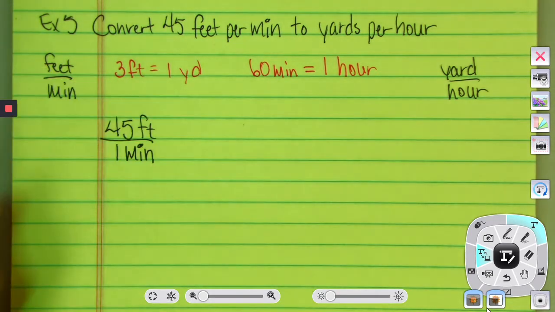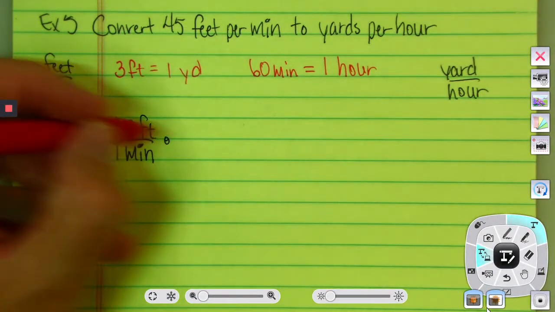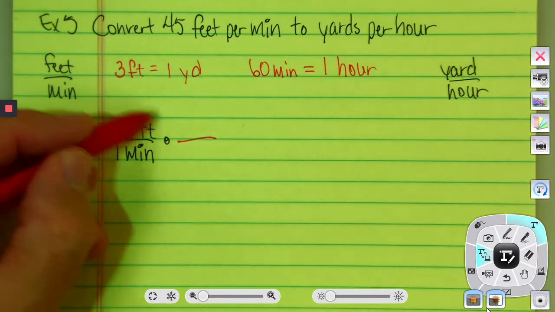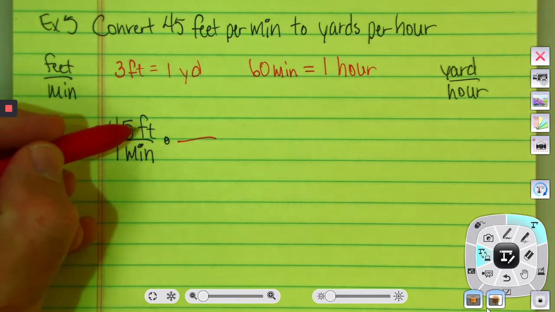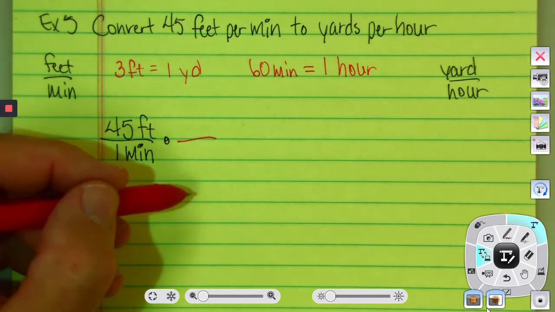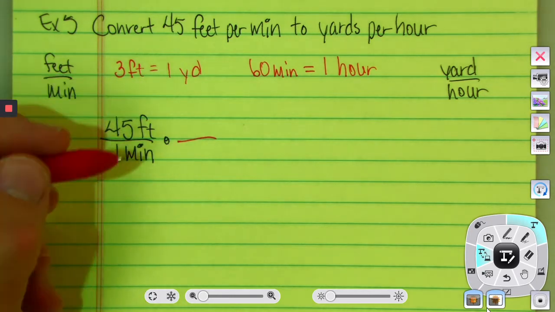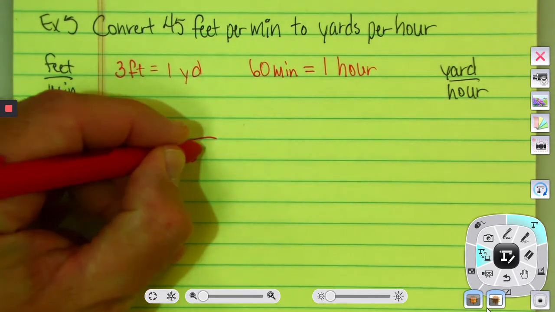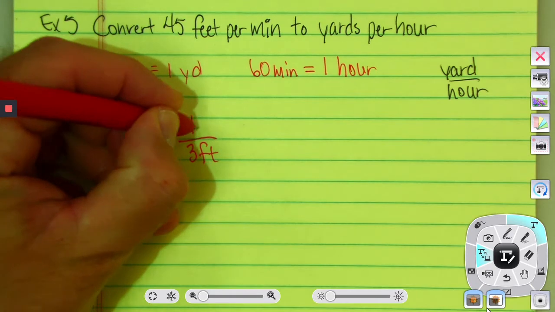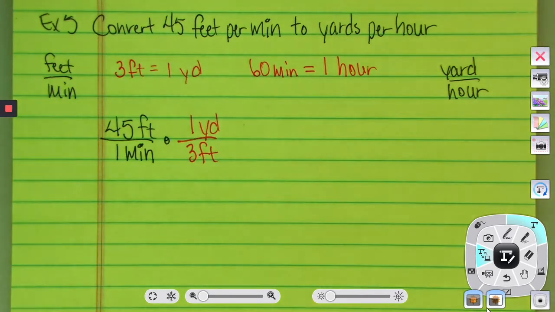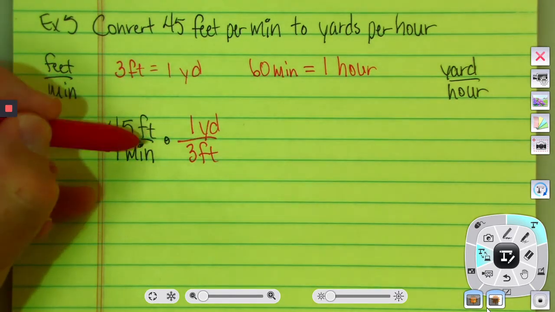And remember from yesterday, we're going to use the conversion factor to cancel out the feet in the numerator. To do so, we've got to put feet in the denominator of our conversion factor. So I'm going to put 3 feet here in the denominator, and then 1 yard in the numerator. That'll be good because in a moment I'll be able to cancel out the feet.